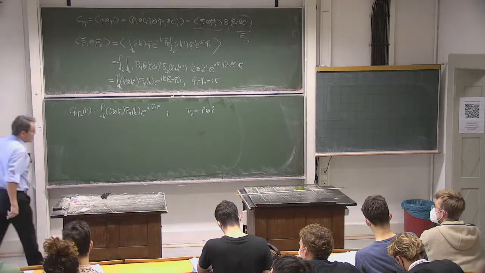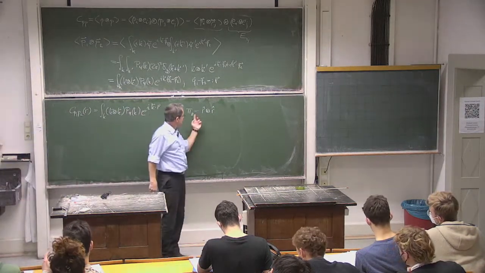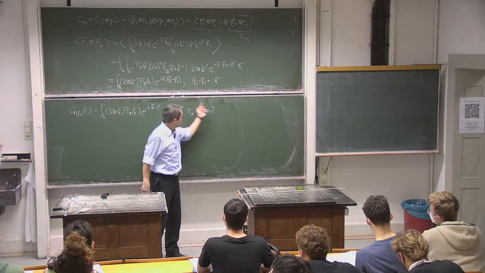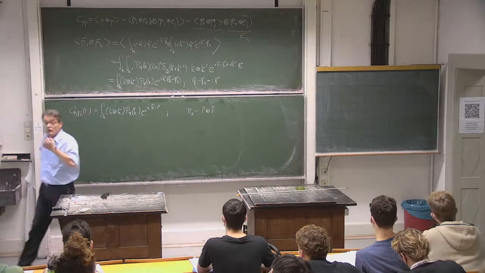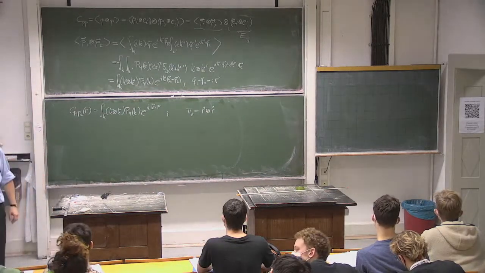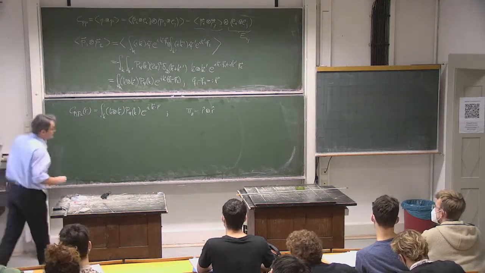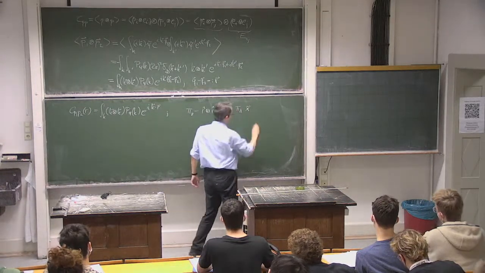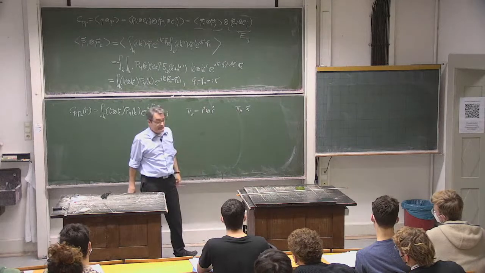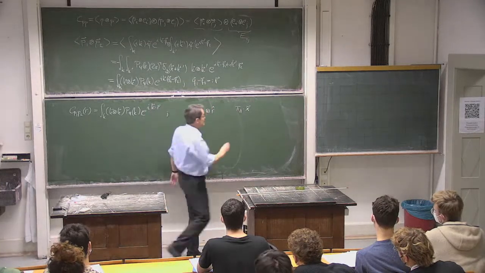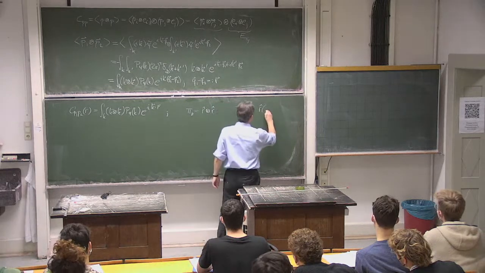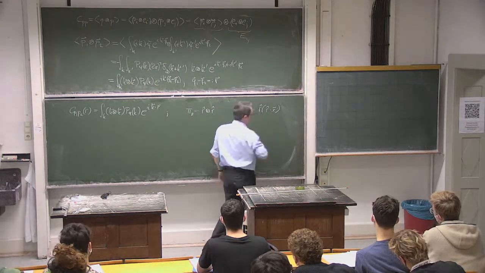Why do I call this parallel? Well, because it projects all vectors that you multiply this to onto the direction of r. Suppose you take any vector x and you multiply, using this definition, this is going to be the direction of r times the scalar product of r hat times x.